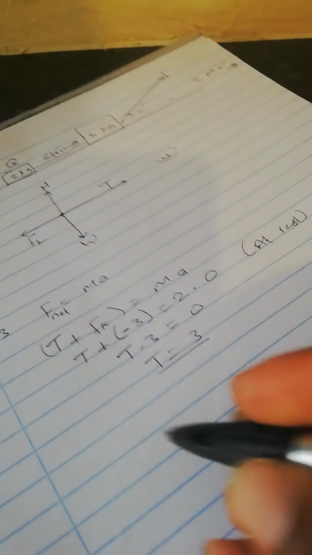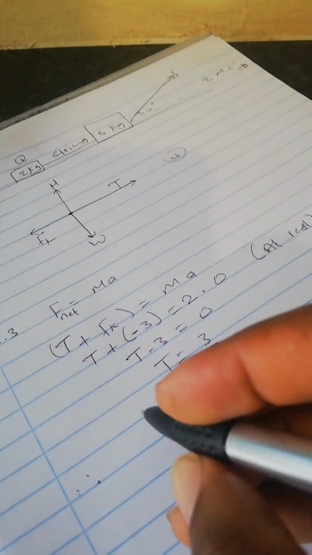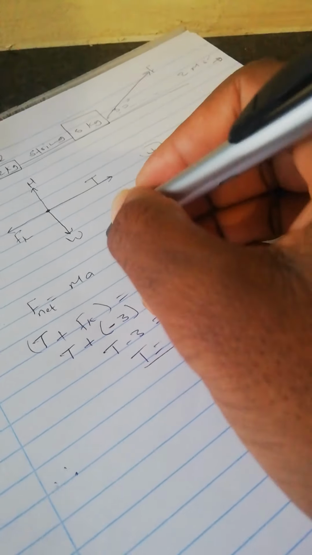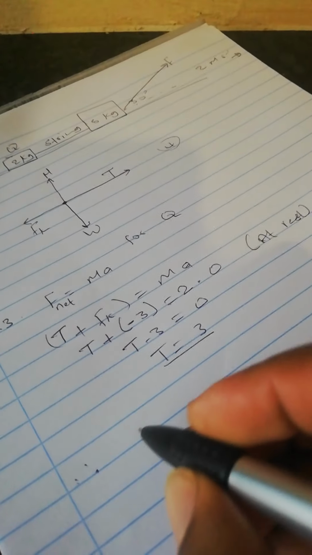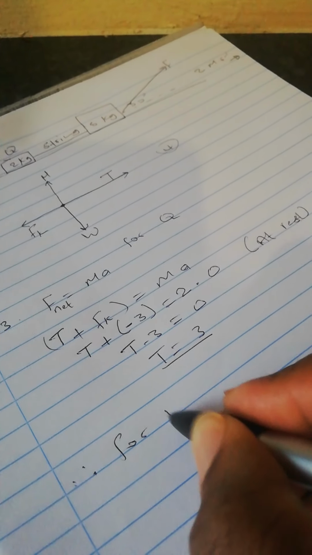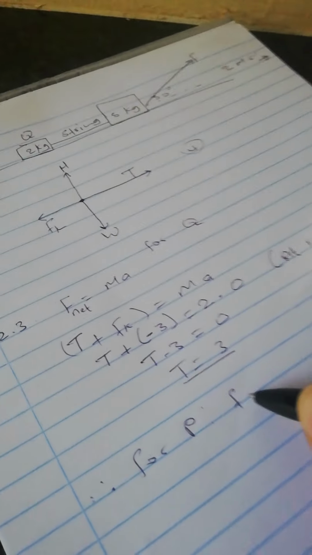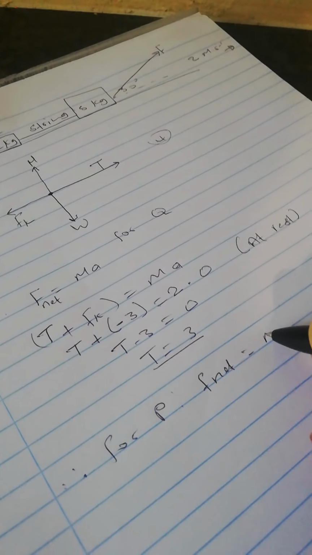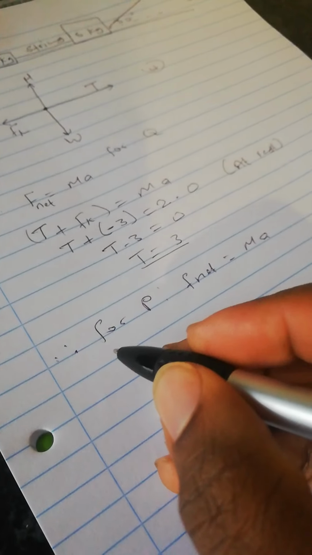So let's continue. So now I'll say therefore, for P, this was for Q. So for P now, for box P, we'll say net force equals mass times acceleration, right? Okay, I'll shift this side a bit.